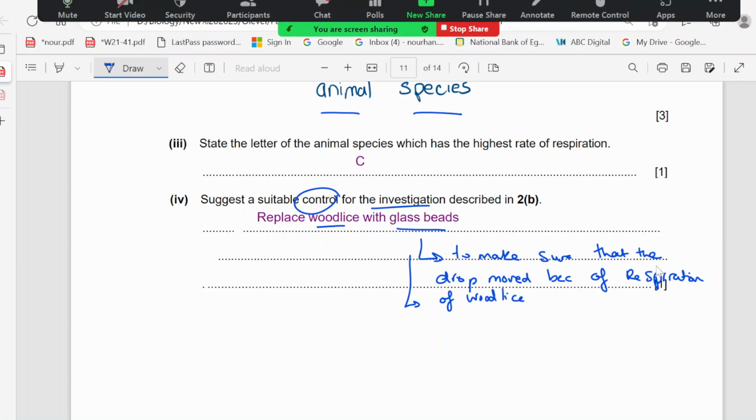That's one thing. The other thing is to compare results. So these are the 2 reasons why we do a control experiment.